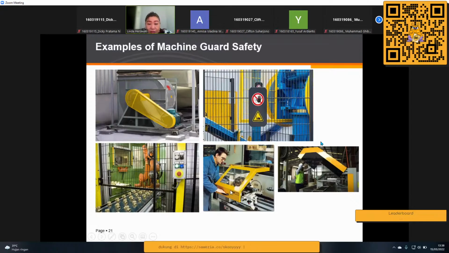This is also an interlock guard, but it can easily open because it can be handled. Maybe this is not too harmful as this one below. This is also the interlock system. So an interlock system is one area or one cage that has to stay covered while the machine is running properly, okay?